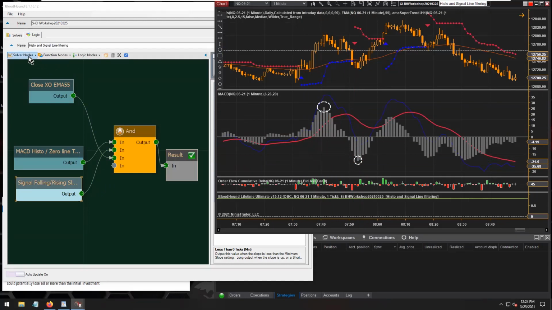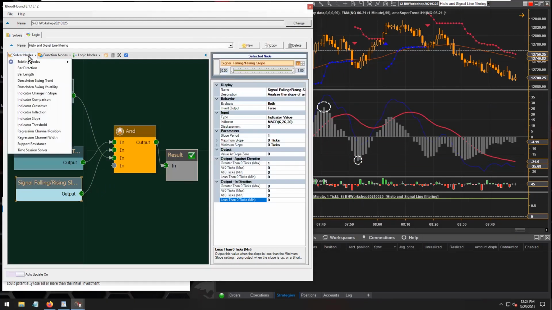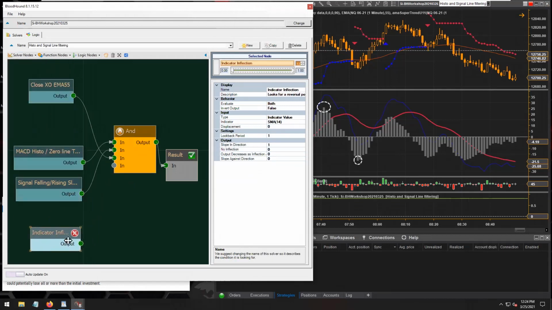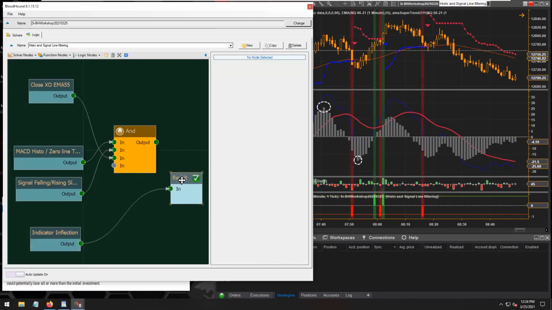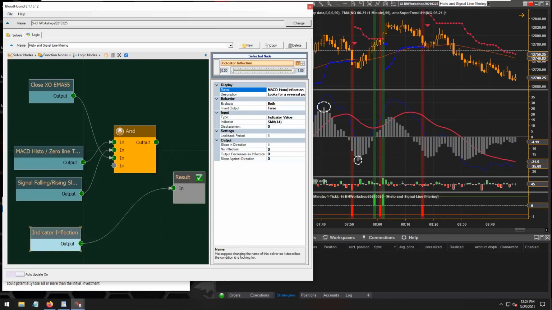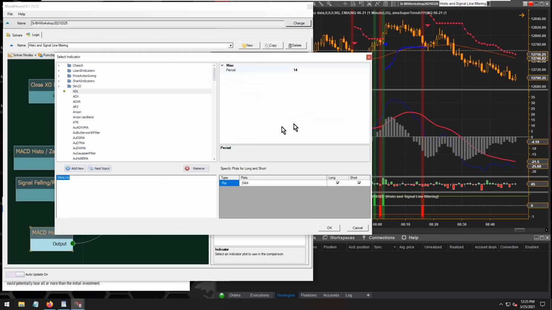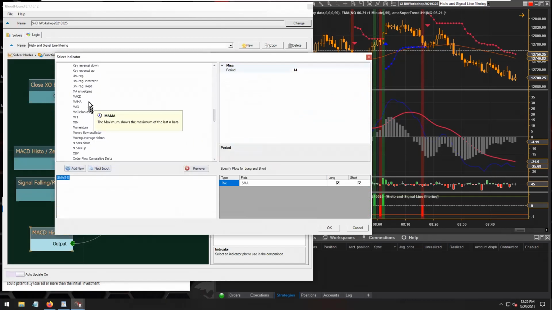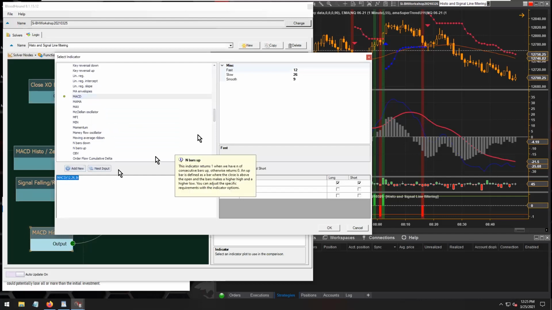So if you want to do that, we'll grab an inflection solver. I'll just put it down here. There. All right. And so for my indicator here, let's switch in the MACD. There's our MACD.